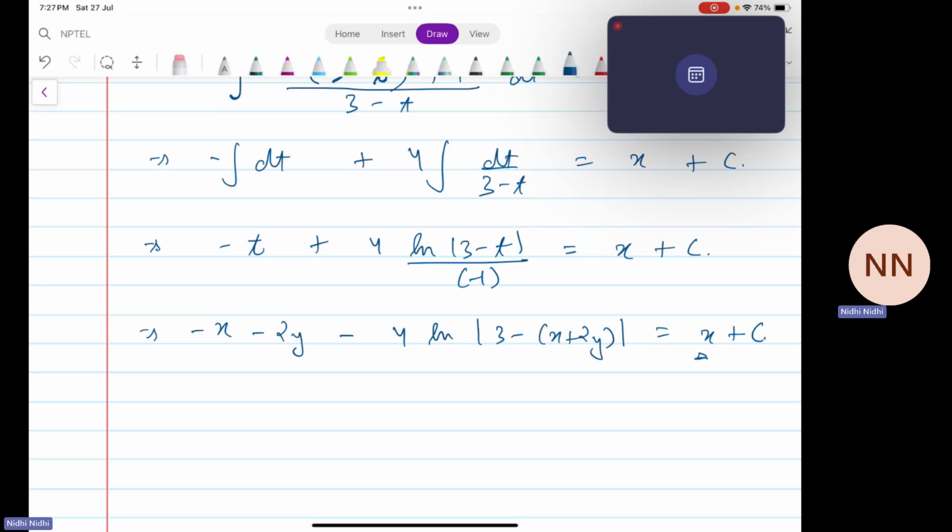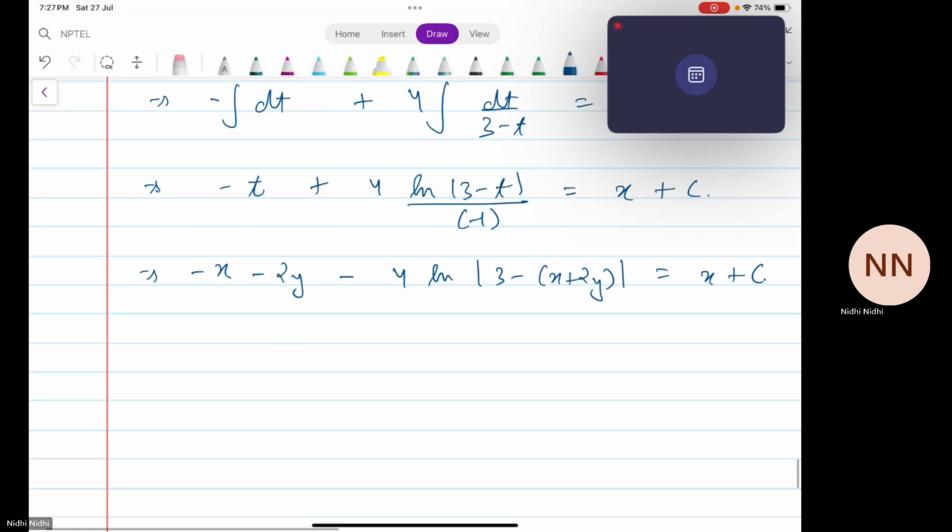Taking this x on the left hand side, we get minus 2x plus 2y plus 4 ln |3 minus x plus 2y| is equal to c.